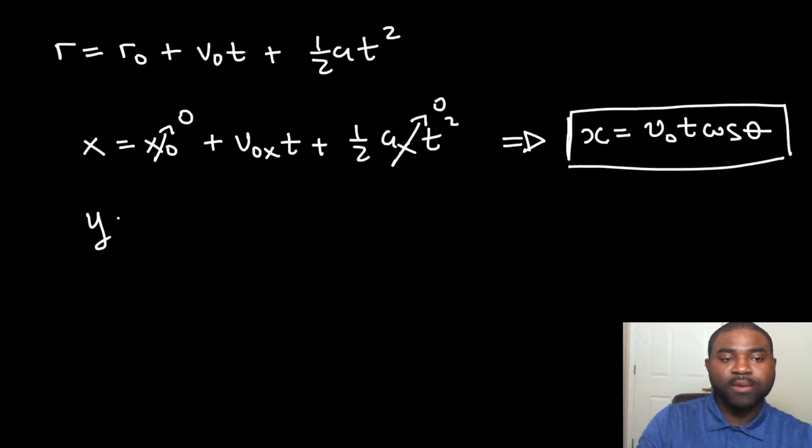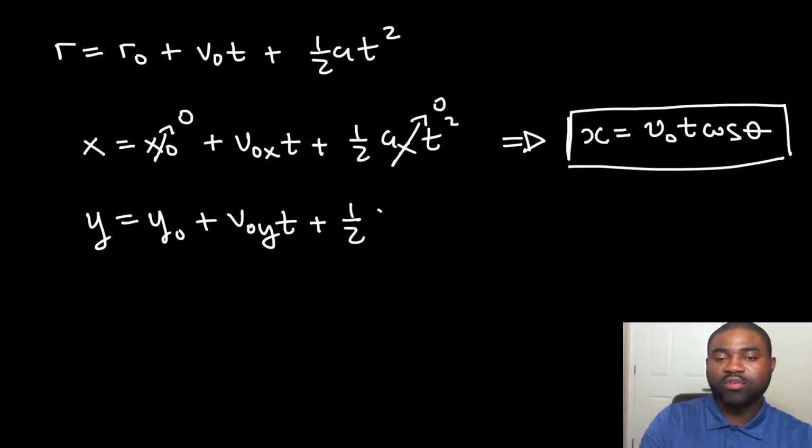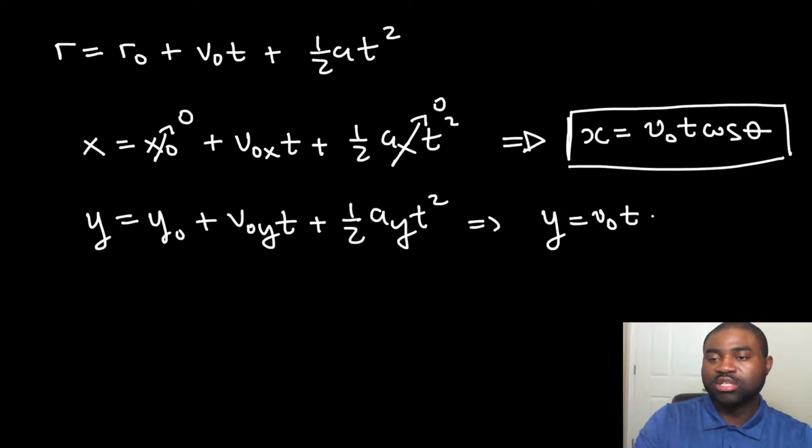So y will be equal to y0 plus v0yt plus 1/2 ayt squared. This would mean that y is equal to v0 t sine theta minus 1/2 gt squared.